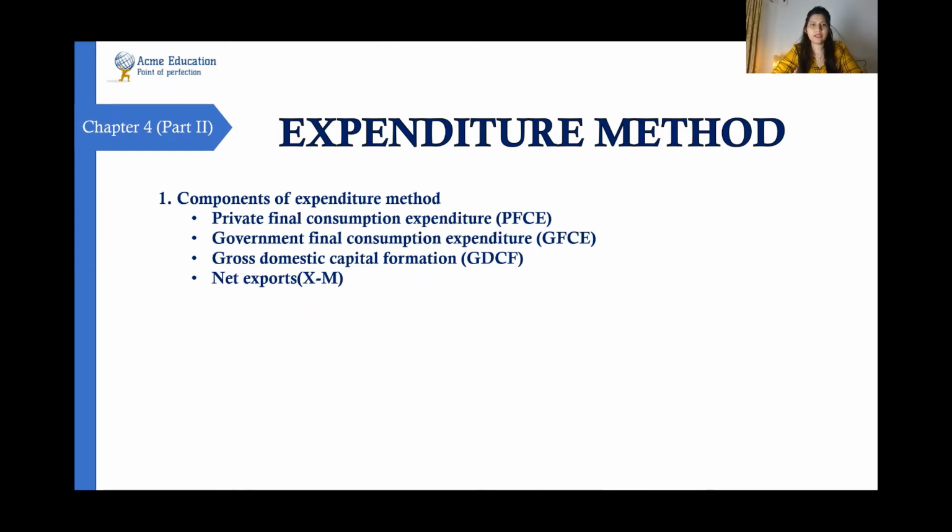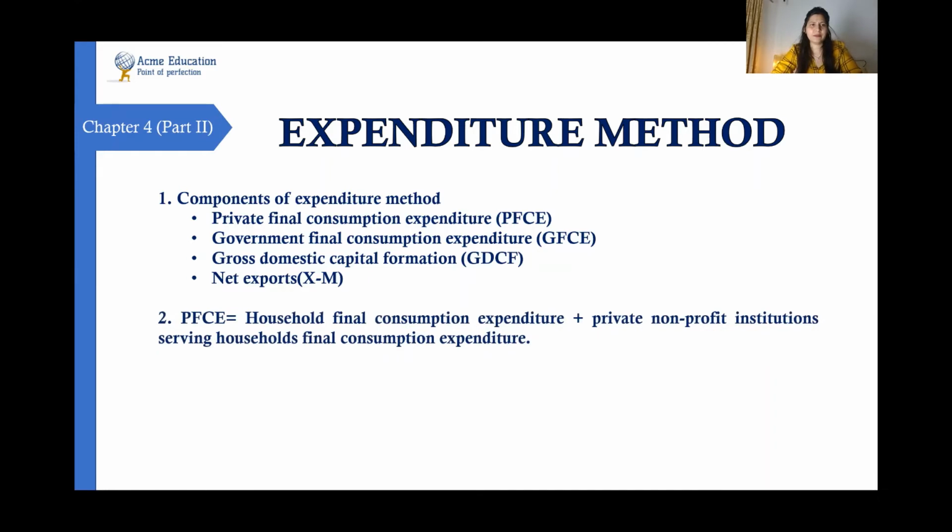Then there is government final consumption expenditure, which is termed as GFCE. Then there is gross domestic capital formation, that is GDCF. And lastly, there is net export, which is X minus M, that is exports minus imports.